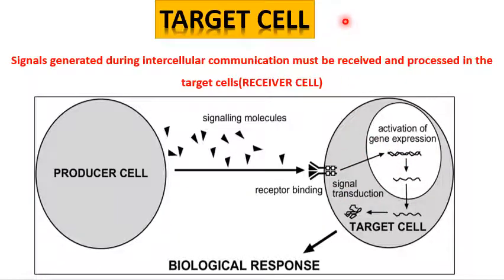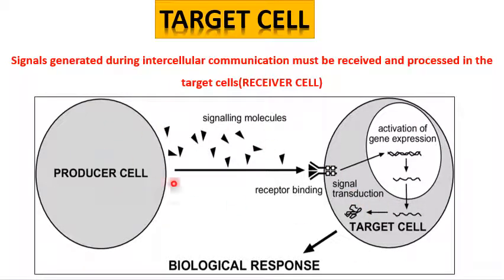This alteration in the activity of the gene, or even the induction of a whole process such as cell division, might take place, or any other conversion might take place in the target cell.